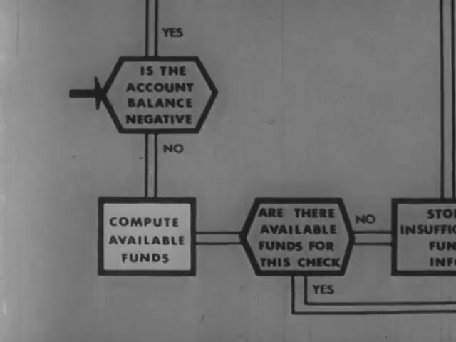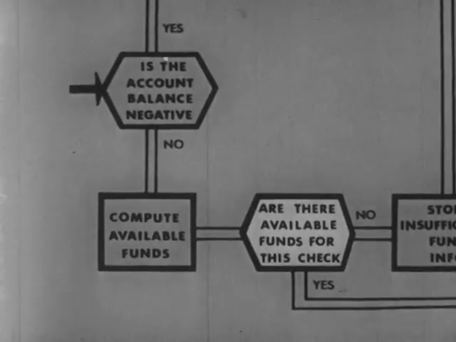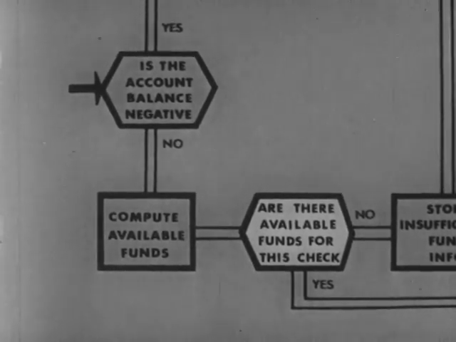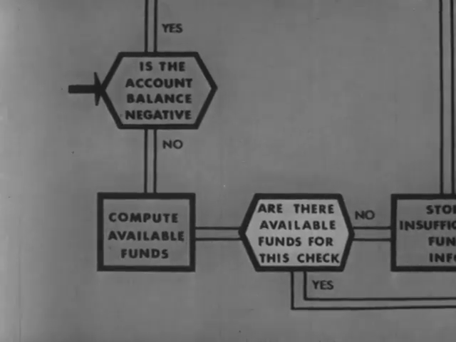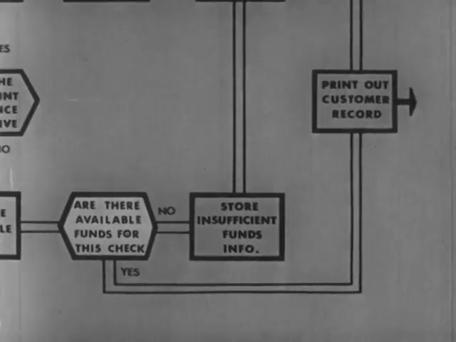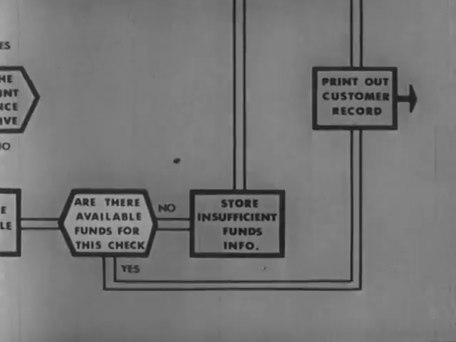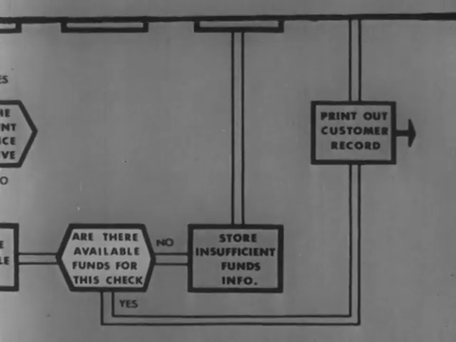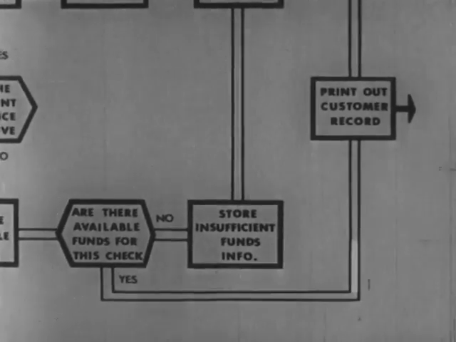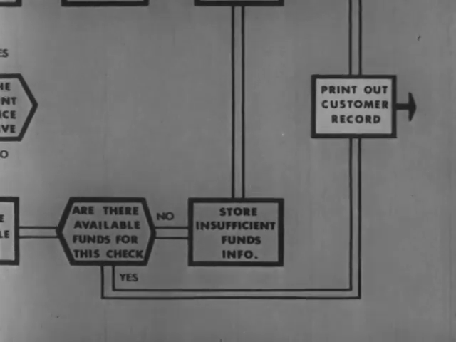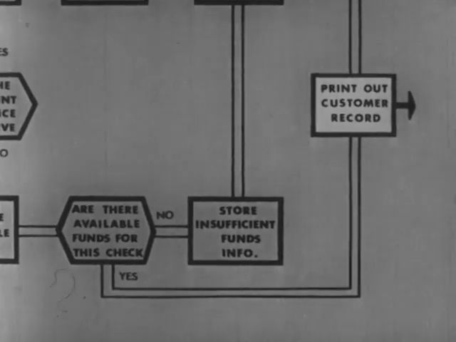Next, the computation is required. Is the amount of money sufficient to cover the check which is being processed? The computer compares the amount of balance with the amount in the check. The answer is yes if the balance is larger. The computer will then deduct the amount of the check from the original balance and will print out this new information on the customer record.